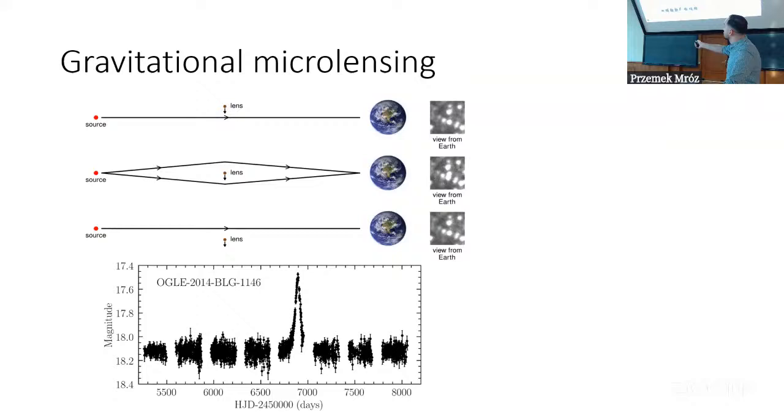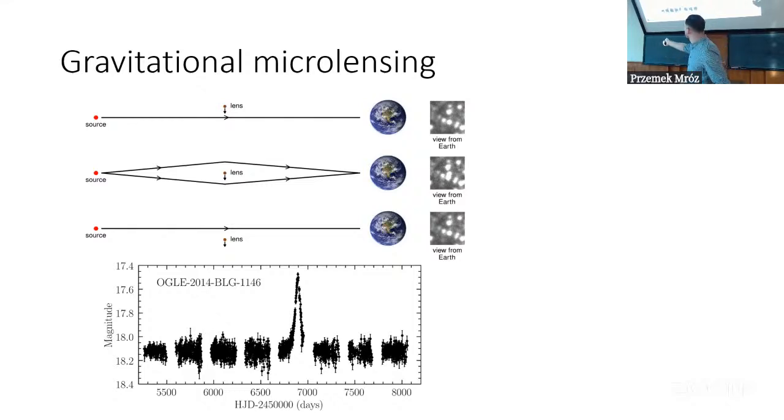So suppose that we are observing a distant source of light. It may be a star in the galactic center or a star in the Magellanic Clouds. And suppose that we have another object that is moving right between the source and the observer on Earth.